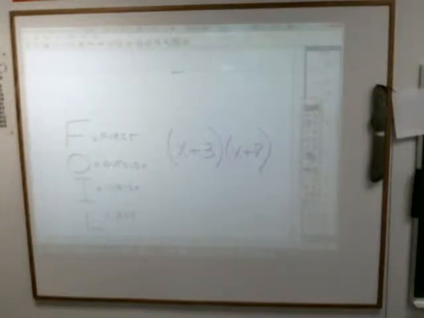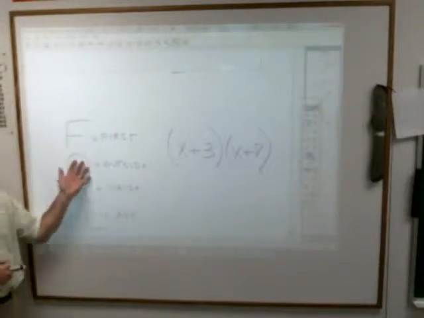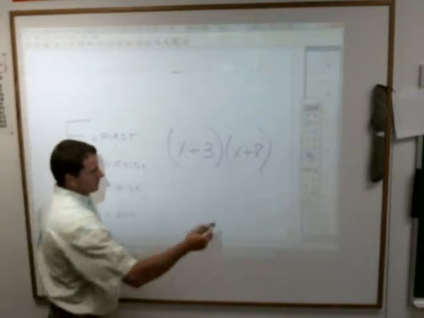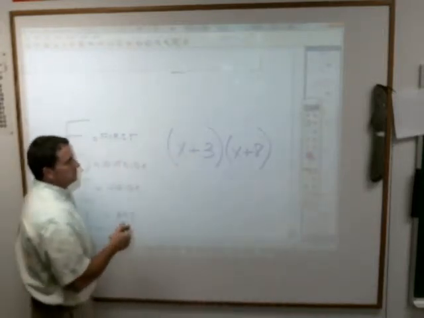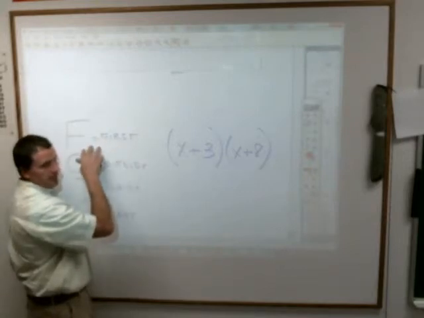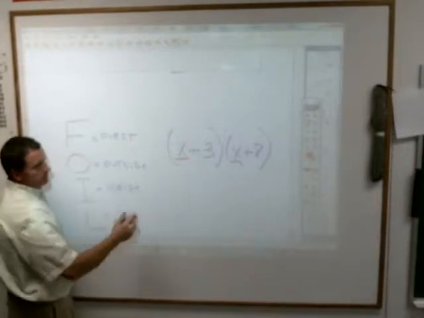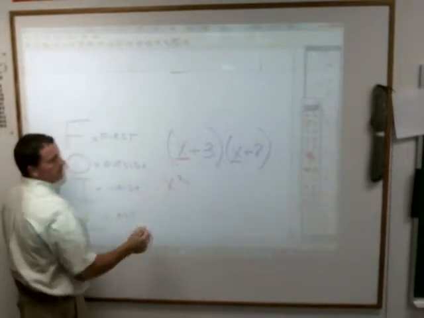When you multiply binomials together, if you just follow this, it's really the same thing that we just did, just a little different way of thinking about it. You need to multiply the two first terms together, first term and first term, which gives you x squared.